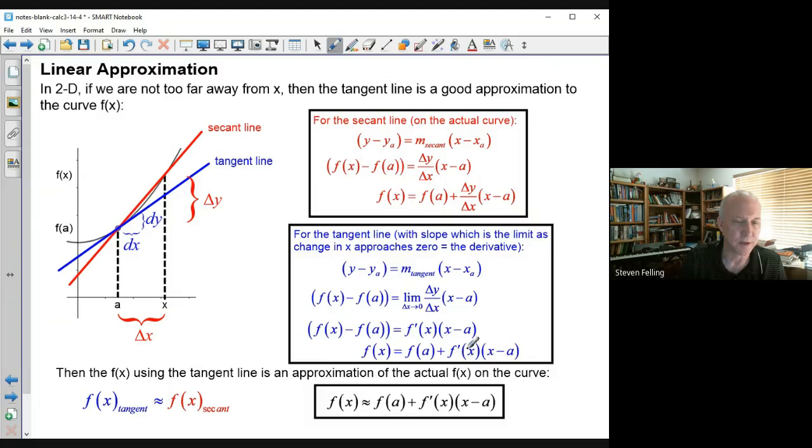Okay, and that's because the f at the tangent is approximately the f for the secant, right? So this is where we usually first saw a linear approximation formula, that you can approximate an f at x by taking f at a nearby x that's easier to compute, and then figure out the difference times the derivative and add that to perturb that value.